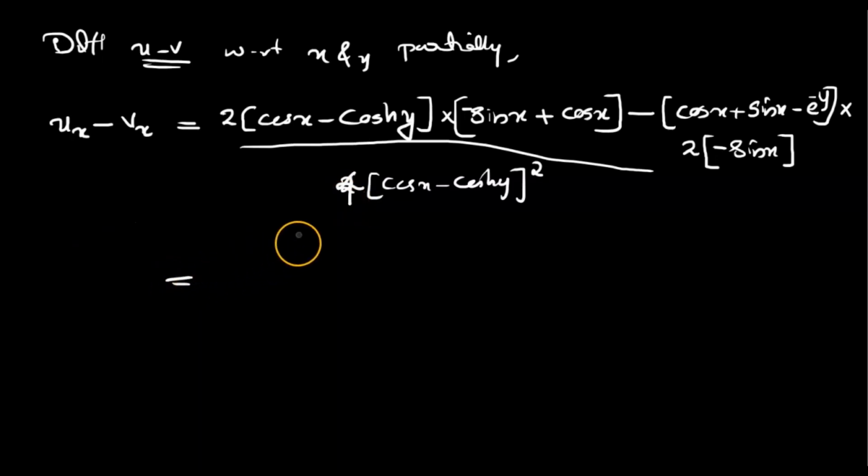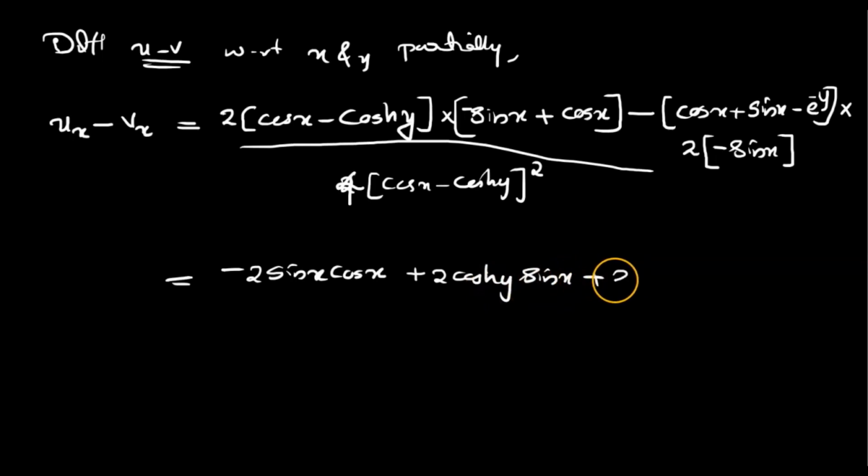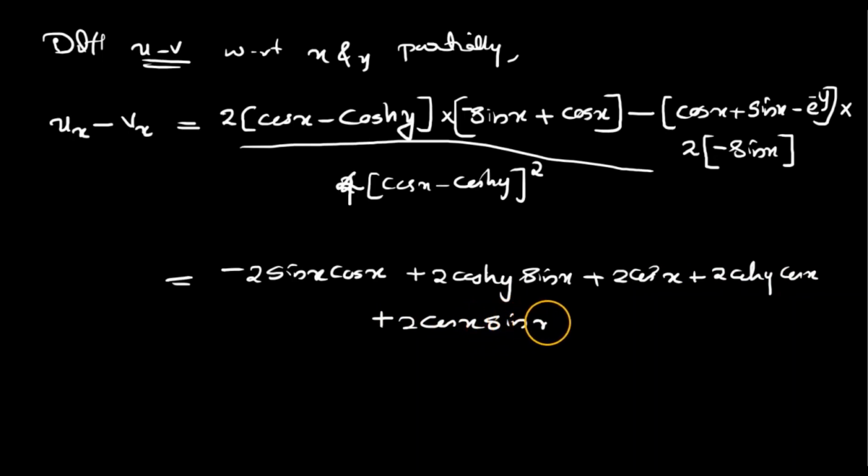Now let's multiply this. This is minus 2 sin x cos x, plus 2 cosh y sin x, plus 2 cos square x, plus 2 cosh y cos x, plus 2 cos x sin x, plus 2 sin square x, and minus 2 e raised to minus y sin x.